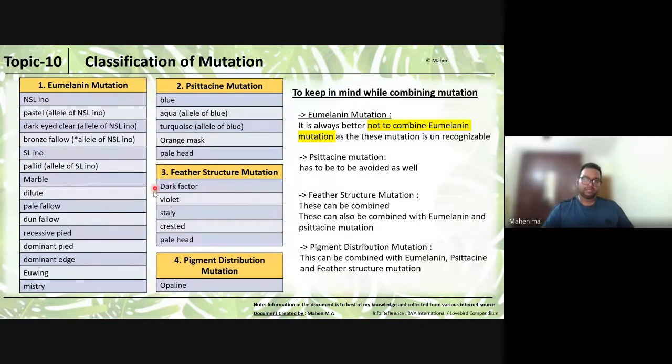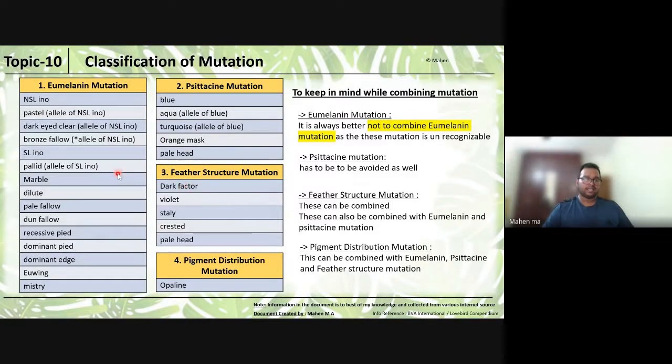So whatever mutation is available under feather structure mutation, you can always combine with the eumelanin mutation, and you can combine these things with the citizen mutation also. For example, you have blue with a violet factor, you have blue with a dark factor. Okay, you have blue with NSL Ino, that is albino. Okay, you have blue with pale fallow, that is blue pale fallow. So you can combine these things.